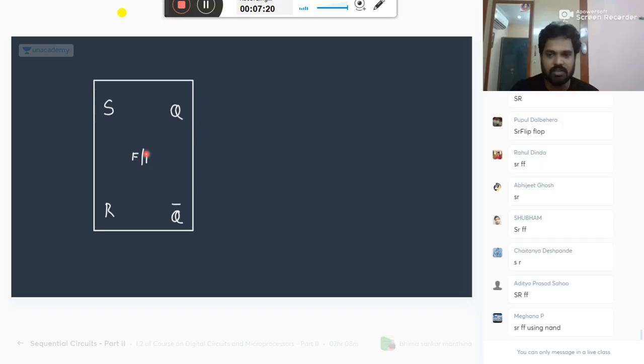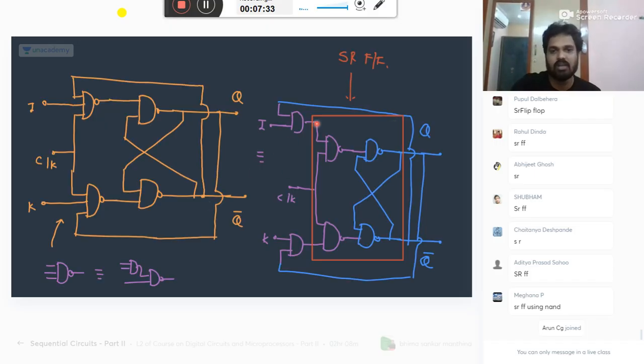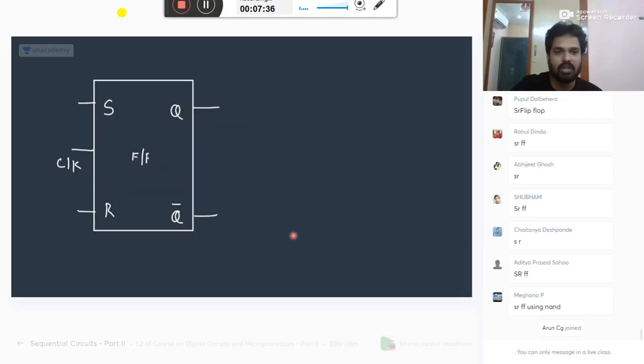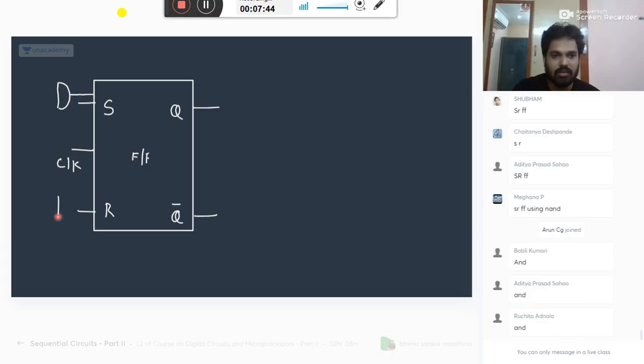A flip-flop can be made using NAND, but it can be made with anything. Its operation is the same, as we know already from yesterday's class. Now see here, for this SR flip-flop, two extra gates are added. What are their names? Externally, two gates are added: J and K.